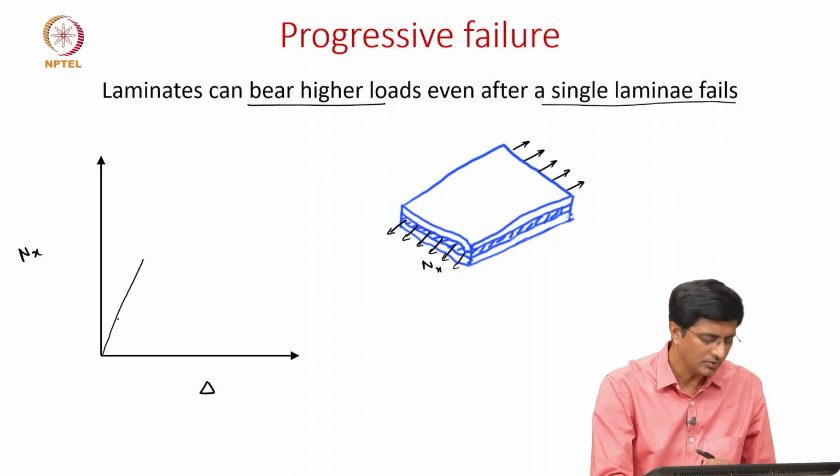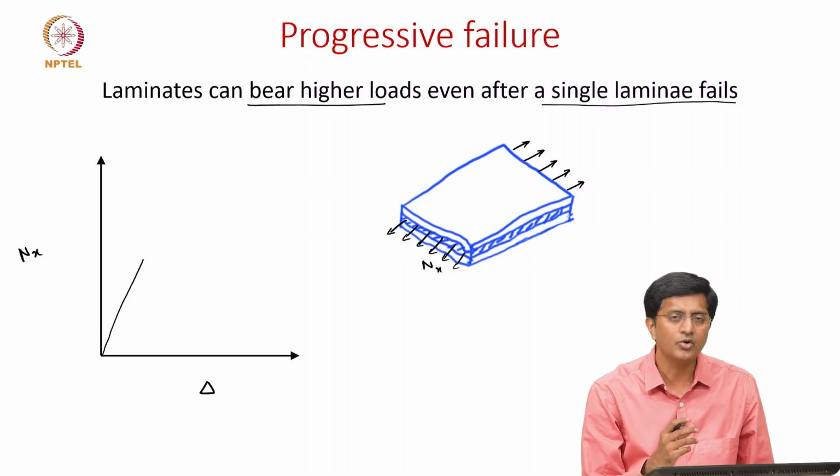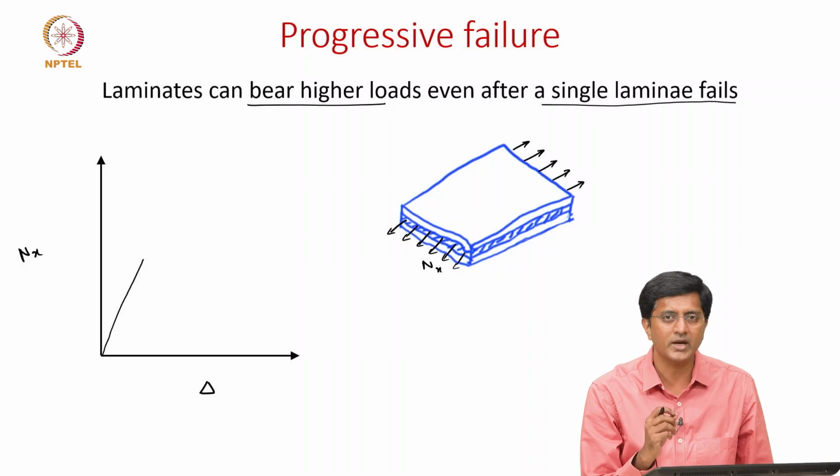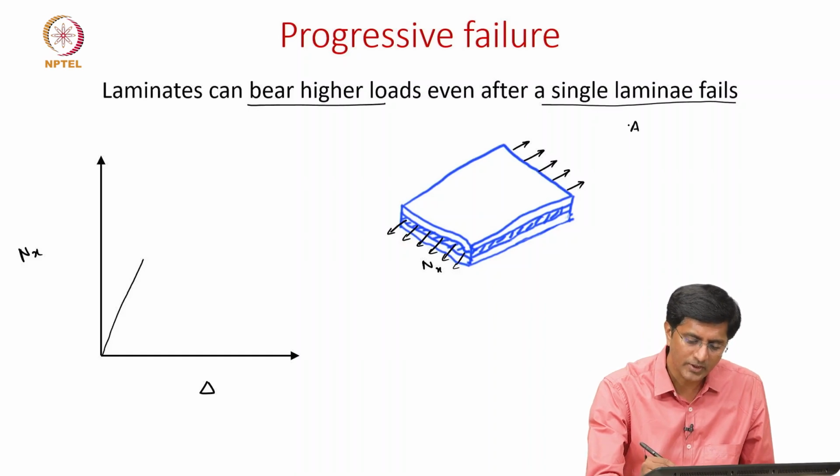The slope of this curve comes from the stiffness of the laminate. So how do we define the stiffness? We can define it using the ABD matrices. The ABD matrices define the stiffness of the laminate.